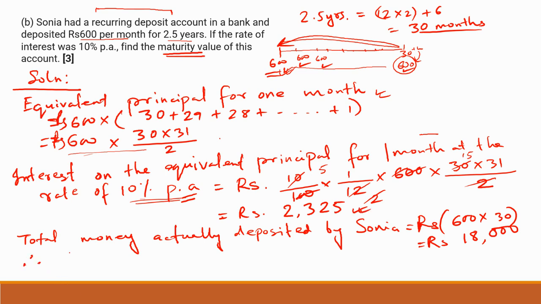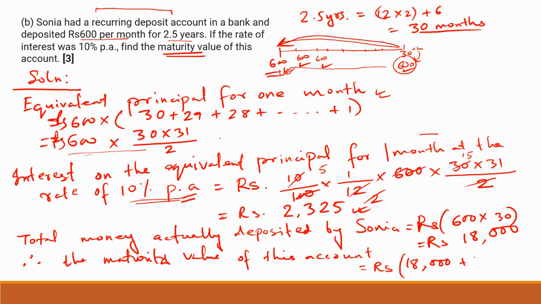Therefore, the maturity value of this account equals rupees 18,000 plus the interest amount 2325. So I hope you are able to do the calculation here.